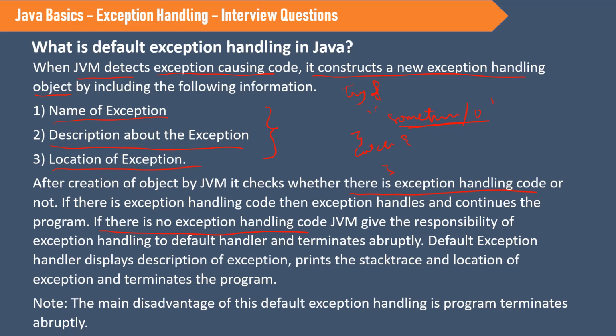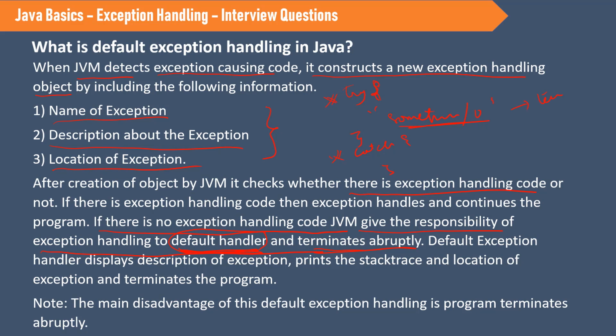If it doesn't find these try catch blocks, then JVM gives the responsibility of exception handling to the default handler. That means it has already created this default exception handling object, so it gives the responsibility to this default object and terminates abruptly. That means the code will be terminated here.